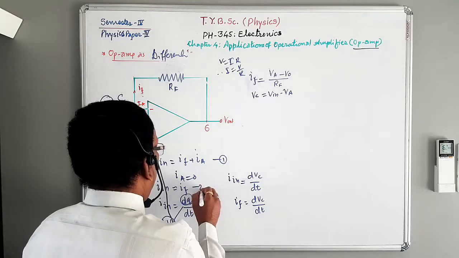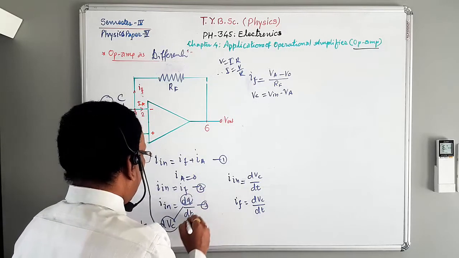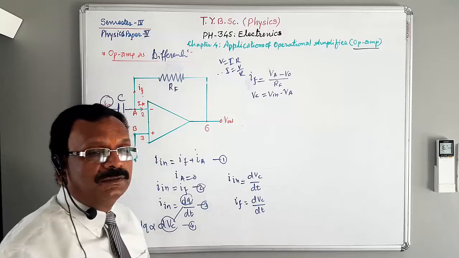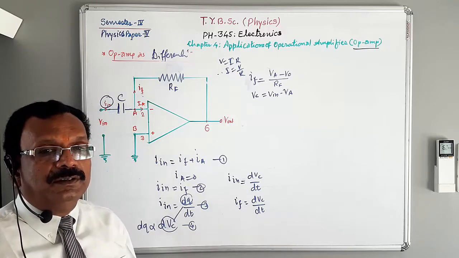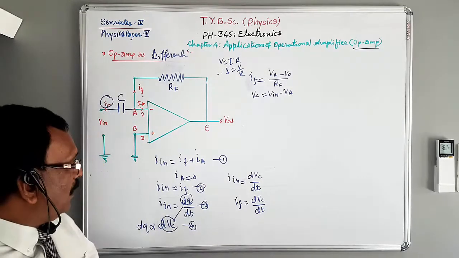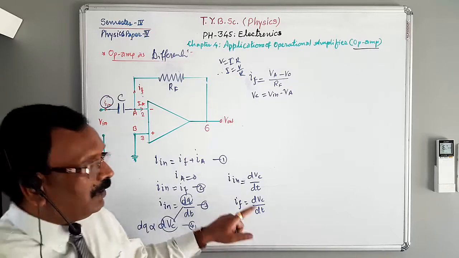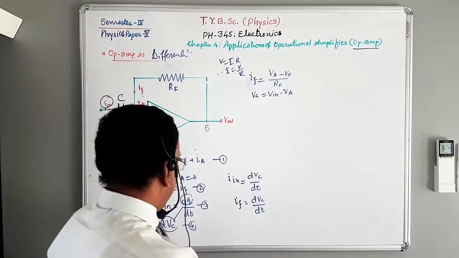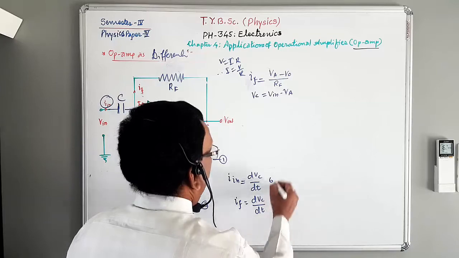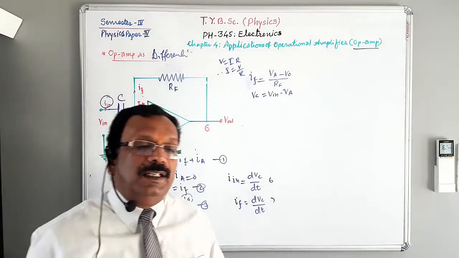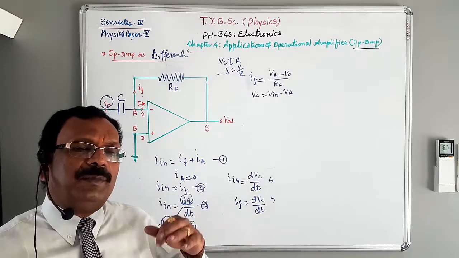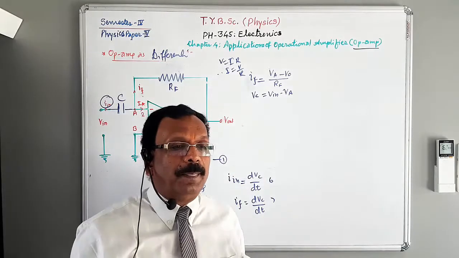Suppose this is equation 2, this is 3, this is 4, and all these 4, 5, 6, 7, 8, 9, just like this. It is not necessary to give the numbering, but for our simplicity, we give the numbers.